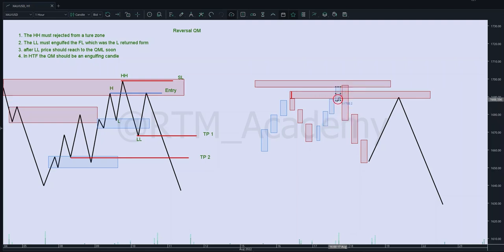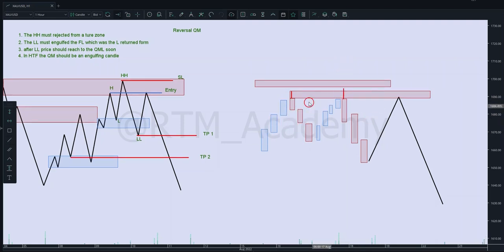For example, imagine that here we have an engulfing like this, and the QM level is in the shadow of our engulfing candle.